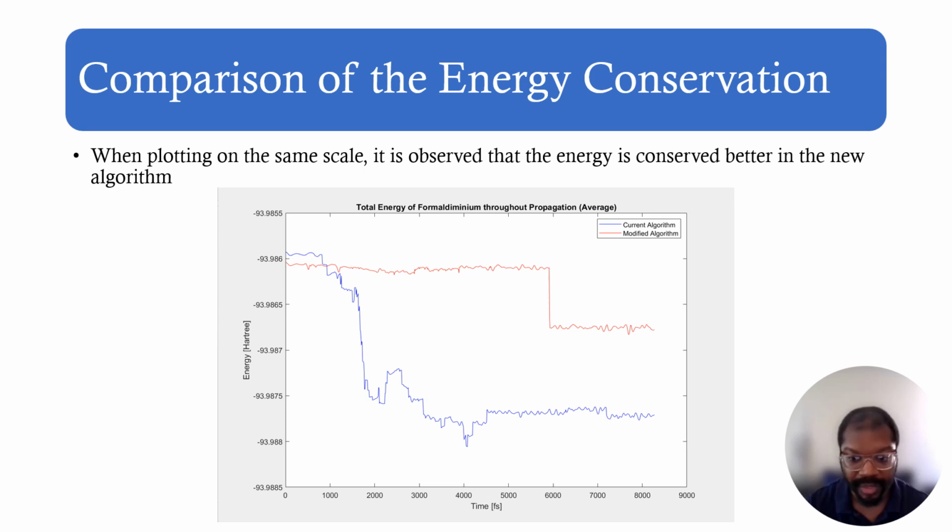We can see that our modified algorithm conserves energy a lot better than what we have currently in TurboMole. I also look at other observables such as excited state lifetimes and product distribution, and I look at other molecules such as titanium tetrahydroxide, excuse me. If you want to see more about all the different facets of how I compare these algorithms, I would love to see you at my poster.